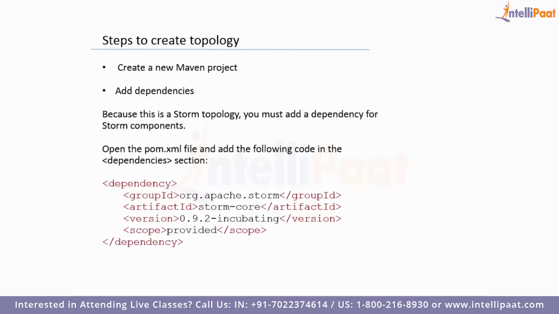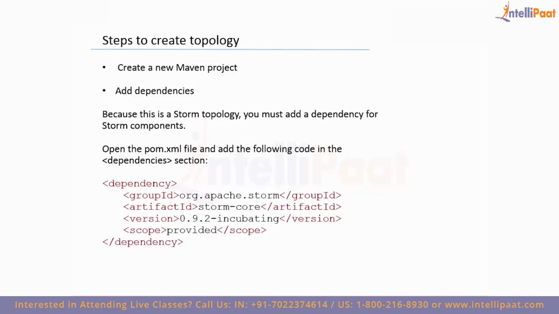So first of all, I need to create a Maven project, and I need to add the dependencies, because this is a Storm topology and you must add dependencies for Storm components. There will be some jar files and some classes which will be used at the backend, and this dependency addition is going to take care of it.